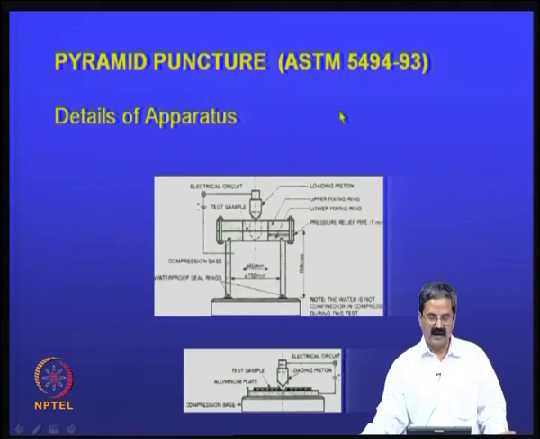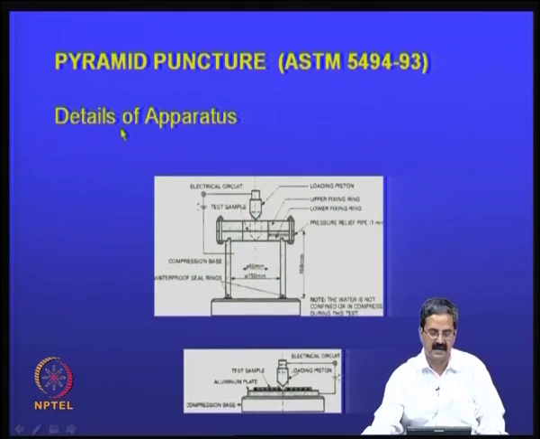There is also the textile industry. People in the textile industry are used to tensile testing and all that, and they have used some of their testing methods to characterize geosynthetic materials. That's the reason we have what is called a pyramid puncture test also, as per the ASTM standard.